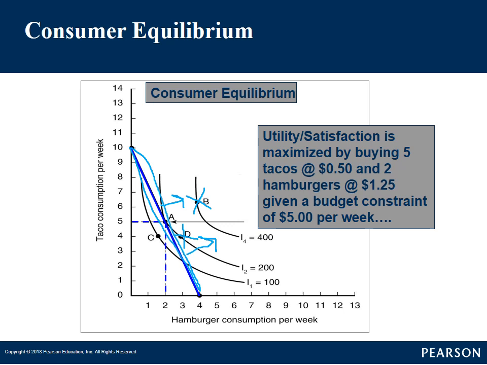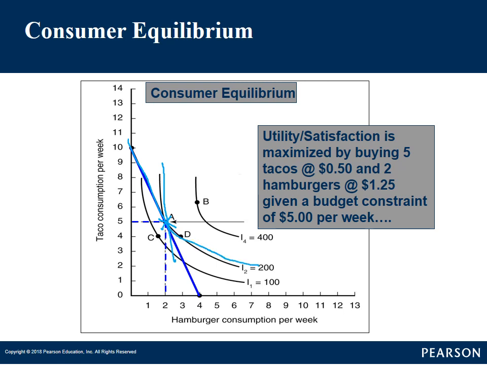So given option A and option C, we can see that A has a higher utility because, again, it's on a utility line that is greater than the utility line that C is on. A is also where the budget line meets the greatest utility line.